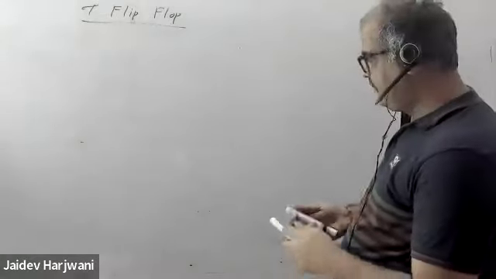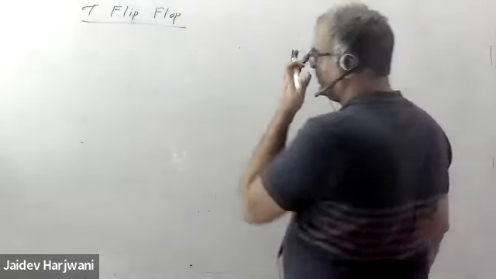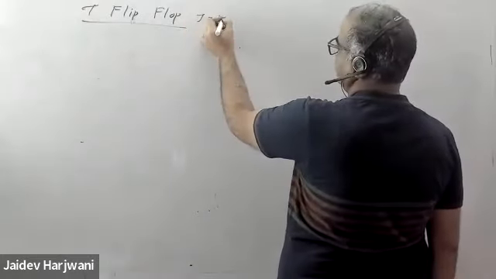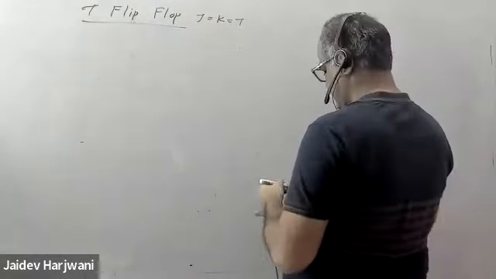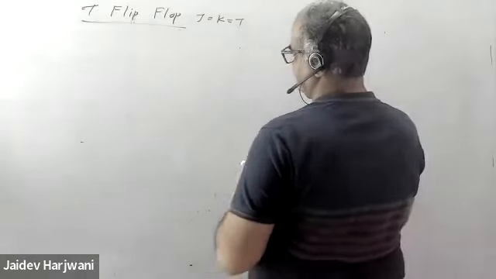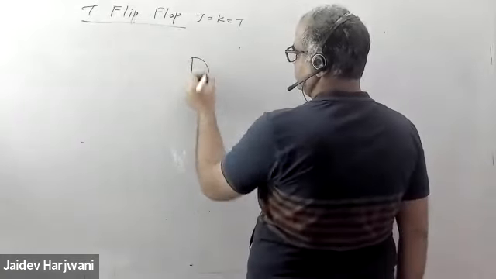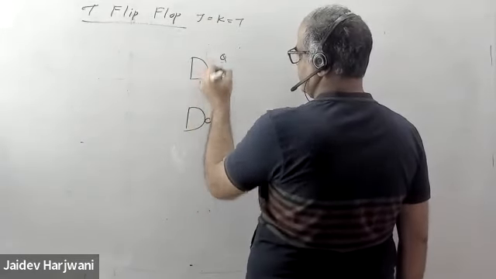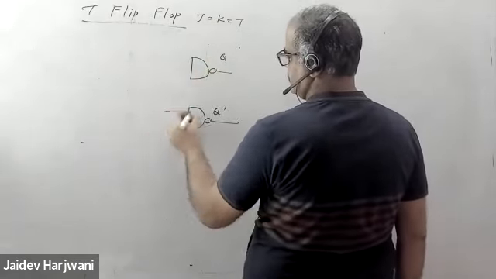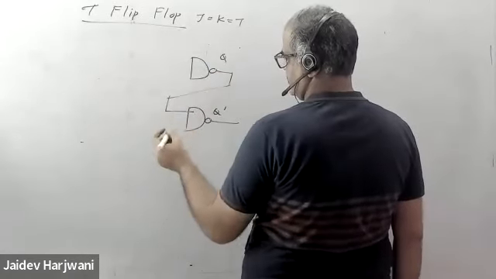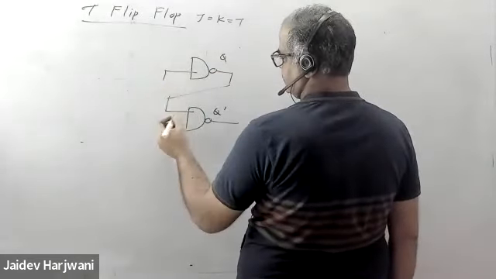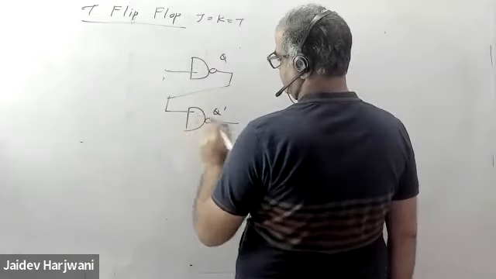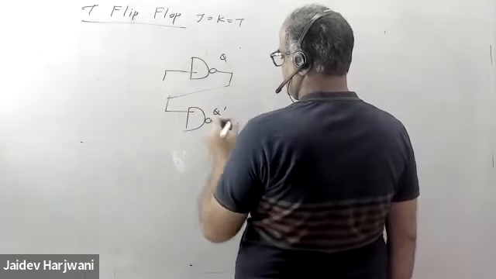You can put J equal to K equal to T. So you have this one, Q bar, and then this will come here.